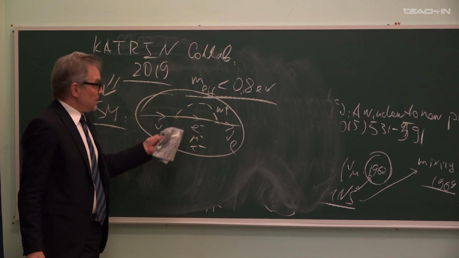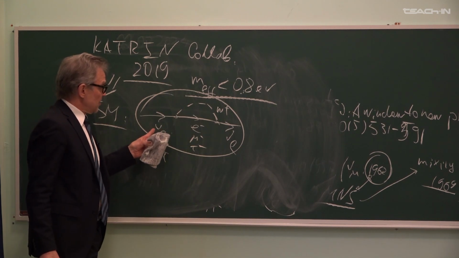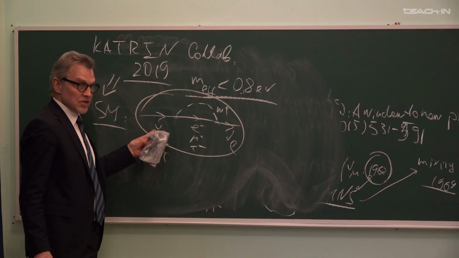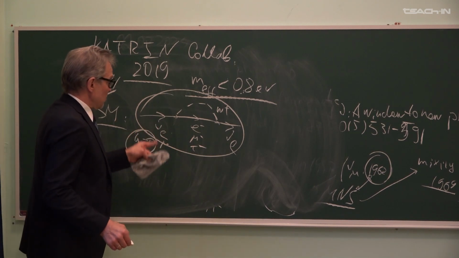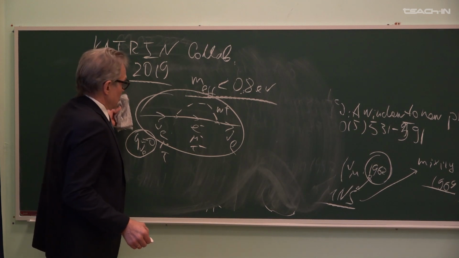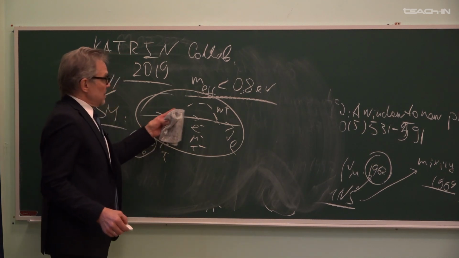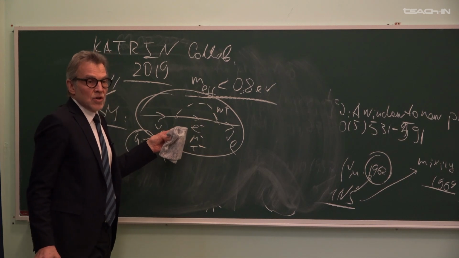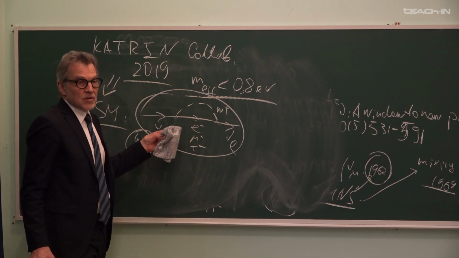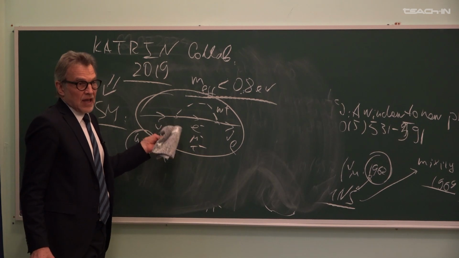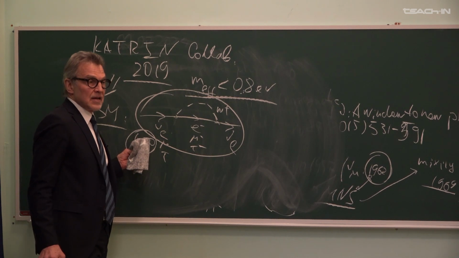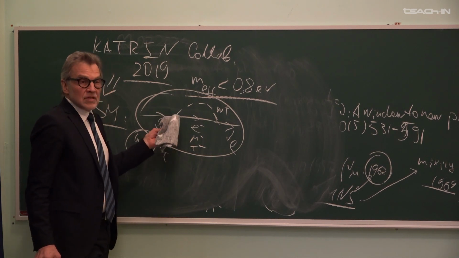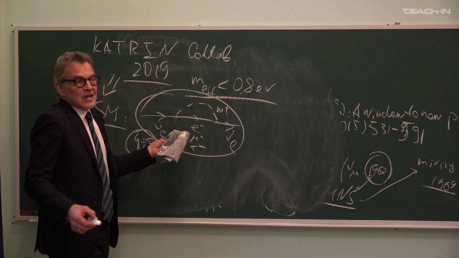And if the charge of these fermions, like neutrinos, is zero, as it is in the Standard Model, then this diagram gives a contribution to the anomalous magnetic moment of the neutrino.